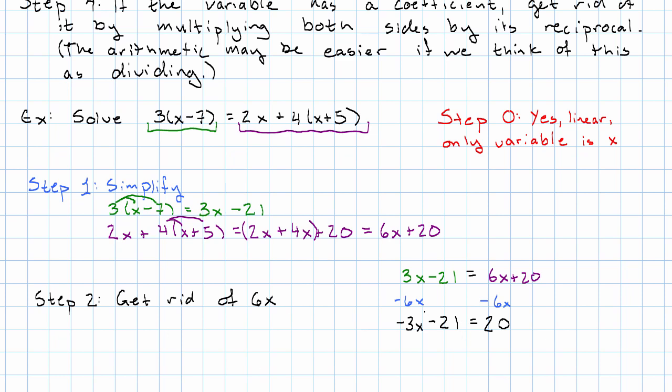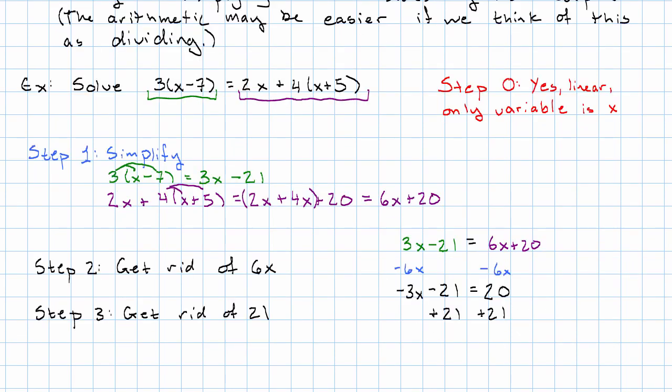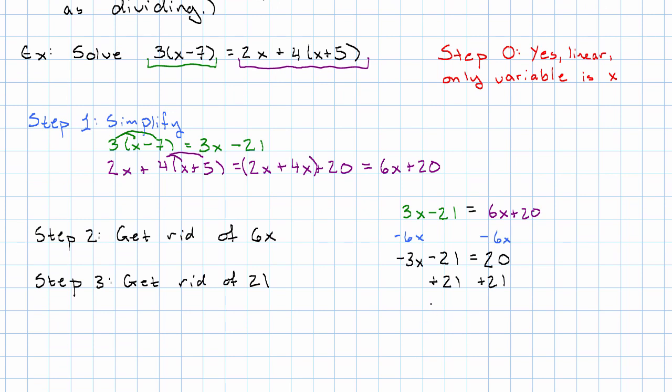Okay, so now we have a variable on one side. We want to get rid of the constant that's on that same side. We have a negative 21. To get rid of it, we want to add a positive 21 on both sides. We'll have negative 3x equals 41.